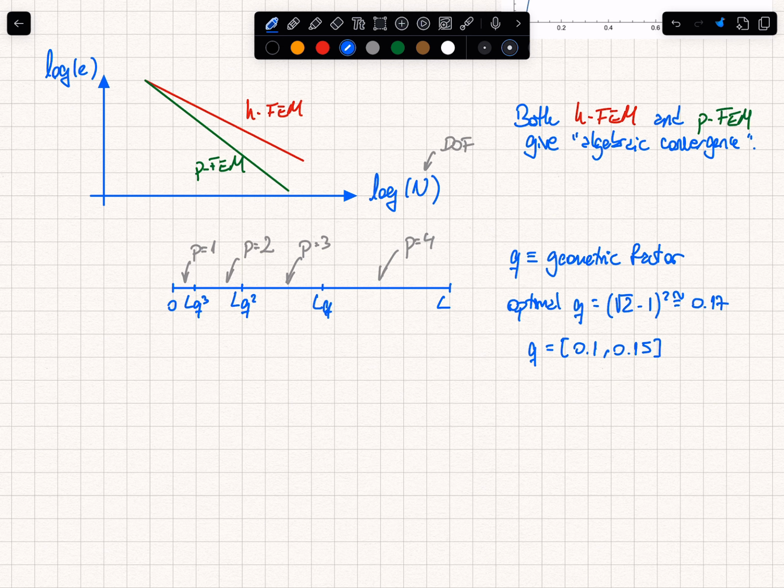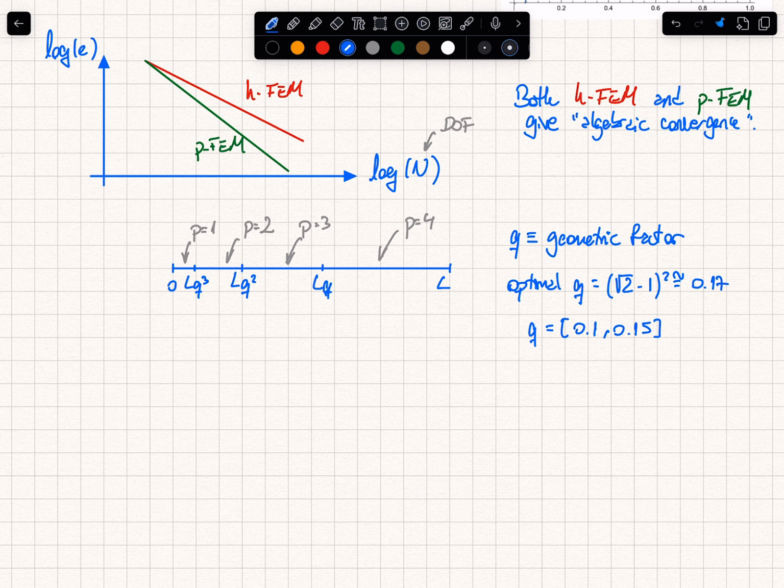The locations are x_j equal to 0 for j equal to 0, and L Q to the number of elements minus j, for j equals 1, 2. These are the locations of the coordinates.